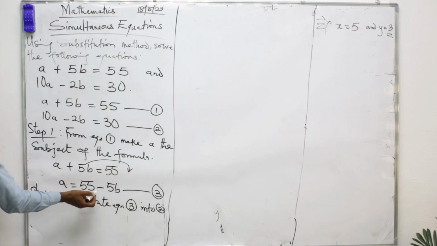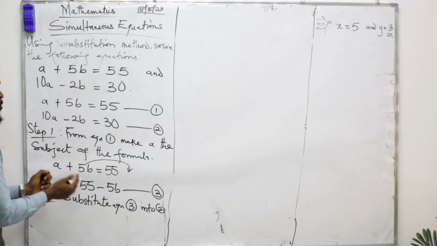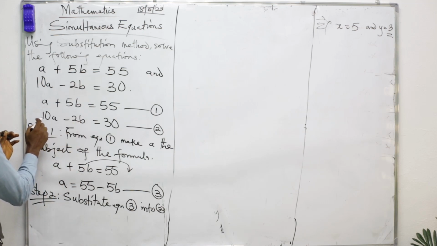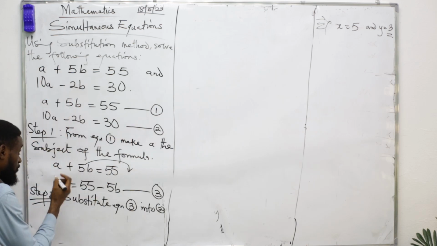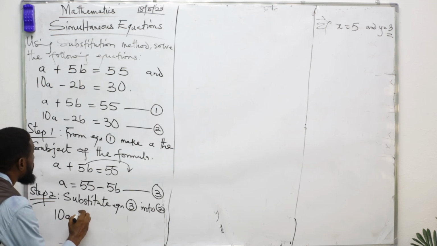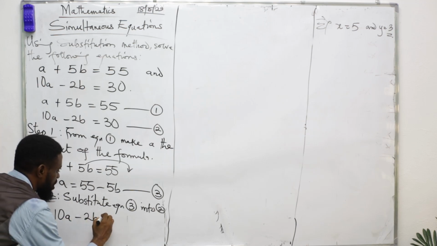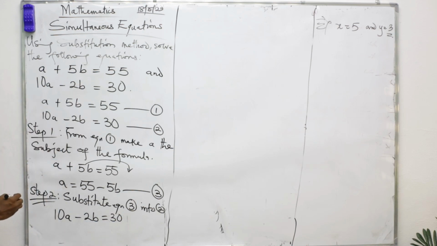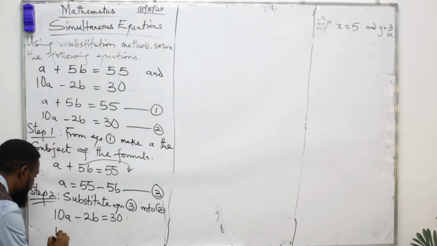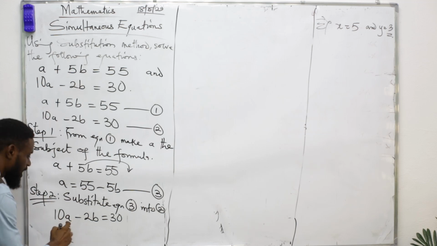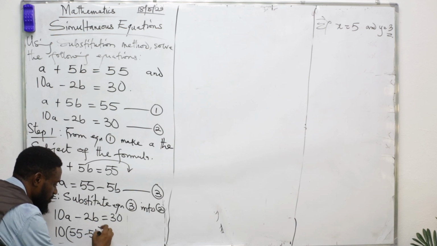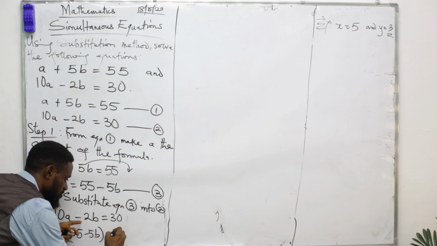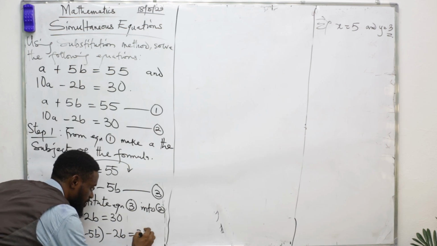The value of A here is 55 minus 5b. Wherever you have A in 10a minus 2b is equal to 30, put the value of A there. So we will now have 10 times 55 minus 5b, minus 2b is equal to 30.